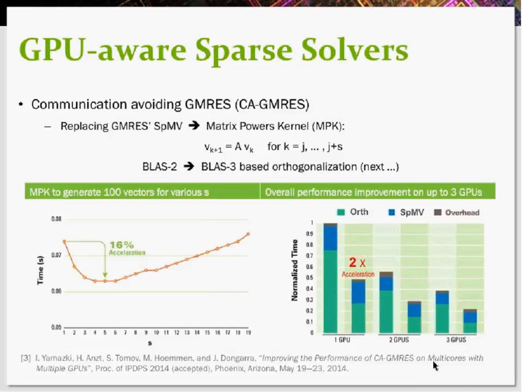But then combined with other optimizations that are possible in this algorithm, we get an overall improvement in this case of about 2 times. So that's very good. These are speeds for one particular method. Again, 2 times acceleration.